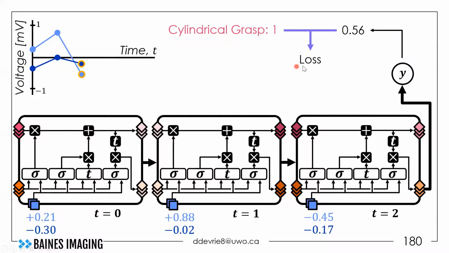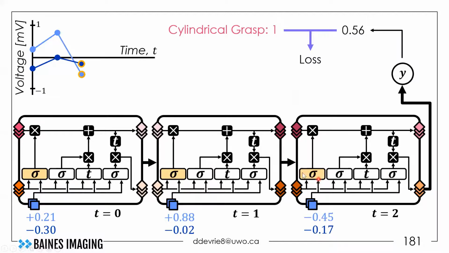Similarly to what we saw last week, we can compare these two values, the expected or target value of 1 to what it computed, and this would give us some loss value, and that would help us train our network. When we're training our network, we're training basically each of these little gates. So let's just focus on our forget gate.